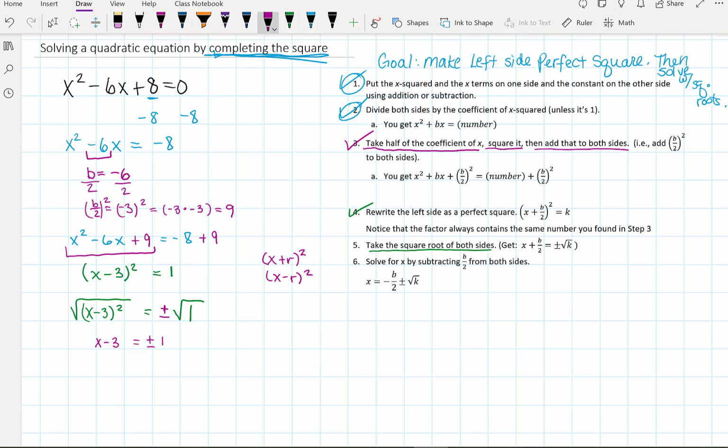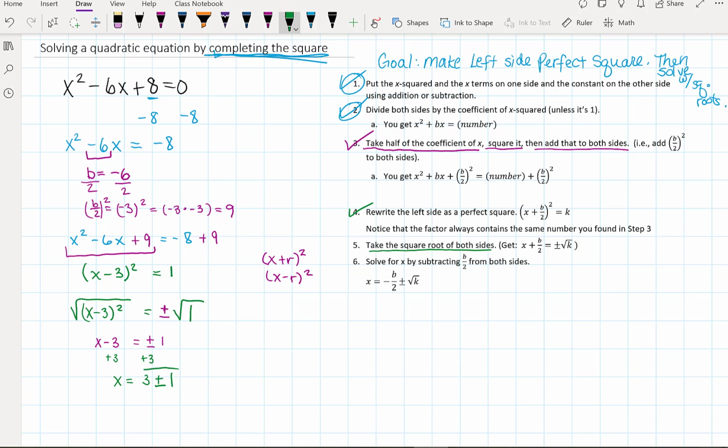Oh, that's just 1. So now, to finish solving this equation, I'm going to get rid of any other constants on the same side as the x. In this case, to cancel a negative, I'll add 3 to both sides of the equation, and I get x equals 3 plus or minus 1.